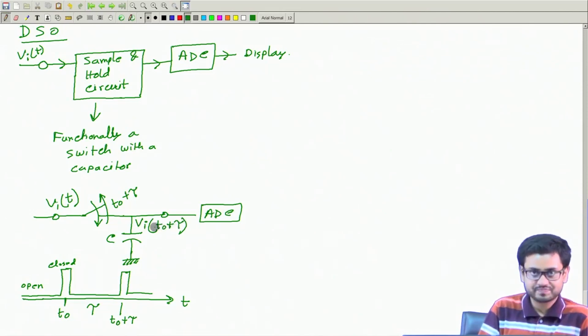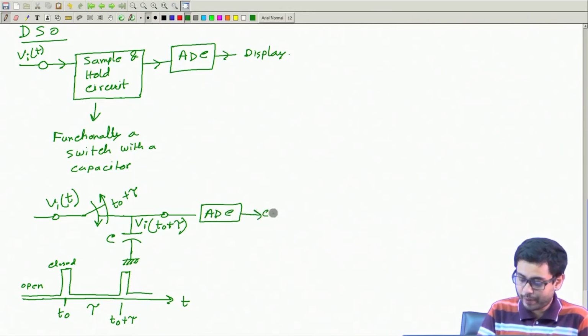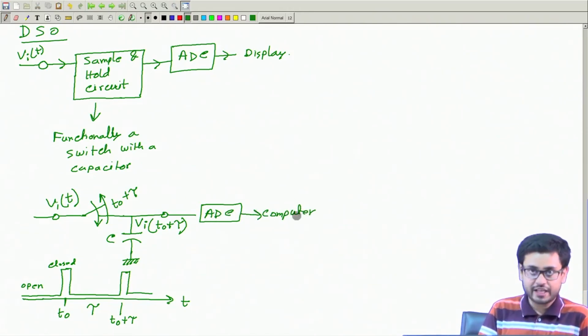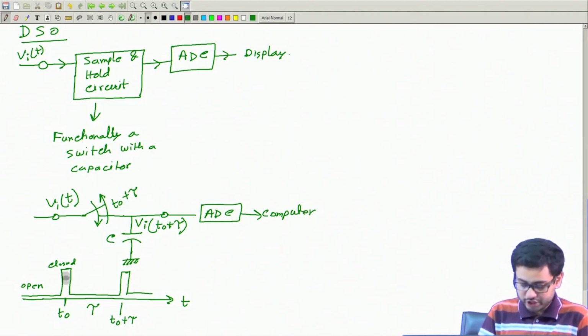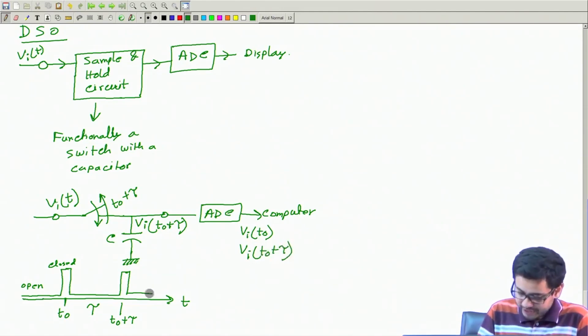This value will again be measured by this ADC, and the measured value passed to the computer, and the computer will draw a plot using the values, Vi(t naught), then Vi(t naught plus tau), and this way we will keep repeating it.